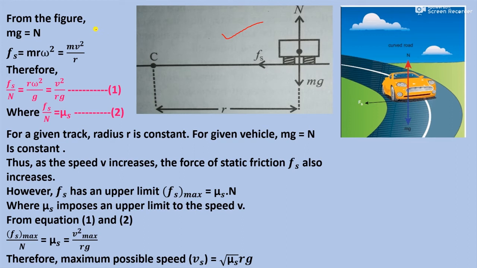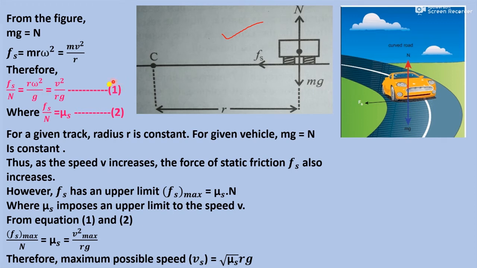You might know the relation v equals r omega, where r is the radius of the road, v is the linear velocity and omega is the angular velocity. If you substitute the v value with r omega, you will get this value. So they are interrelated, and both are formulas of centripetal force.